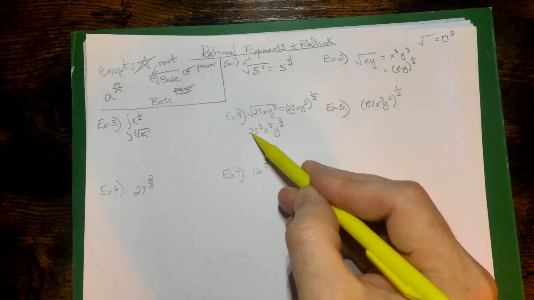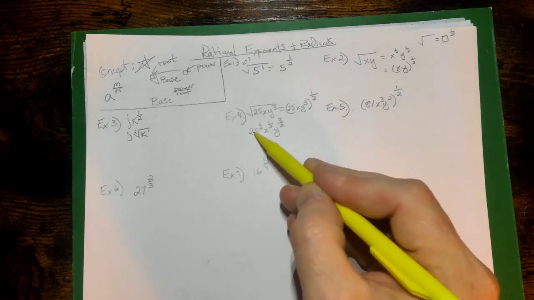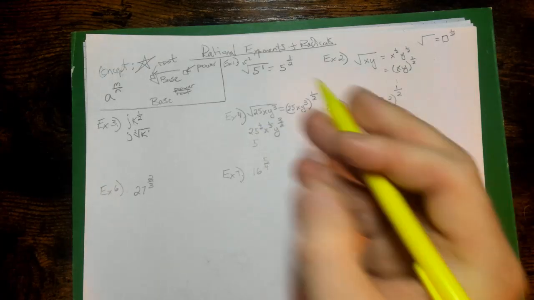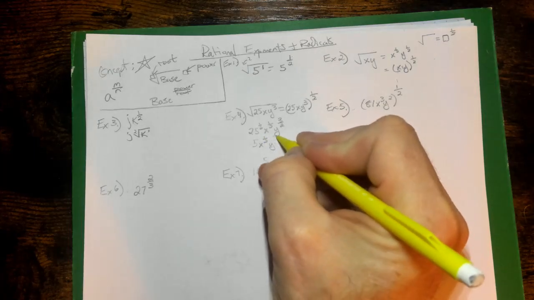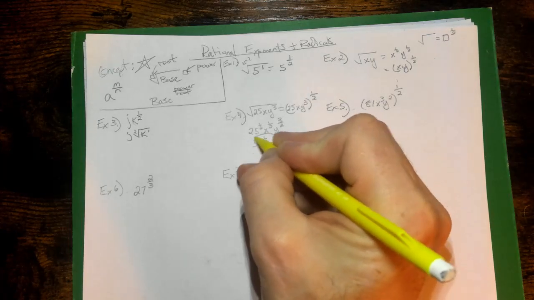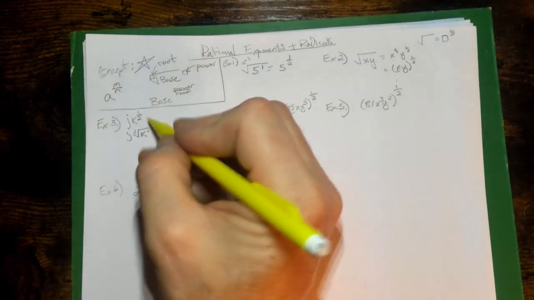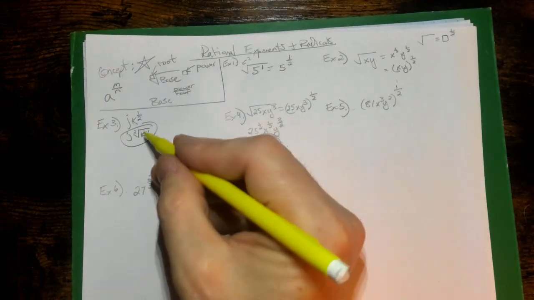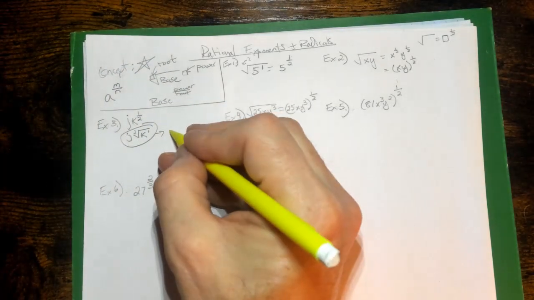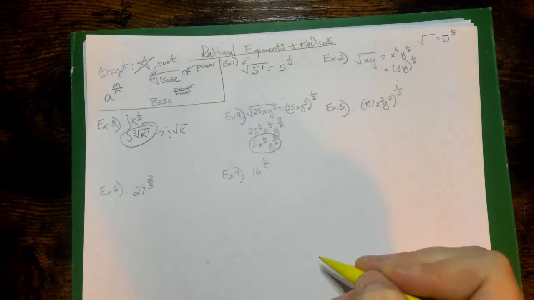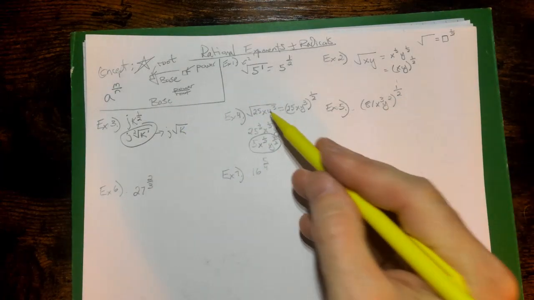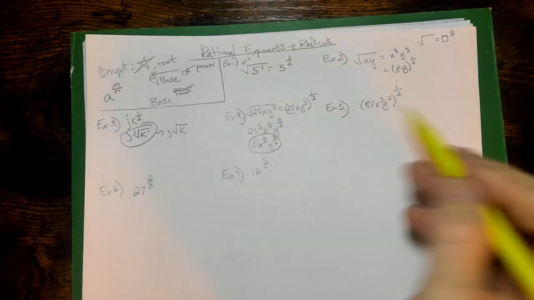Technically I am taking the square root of 25, so I can just leave that as 5, x to the 1/2, y to the 3/2, and this would be our answer. Over here, although that's our answer, it is best left as j times the square root of k.